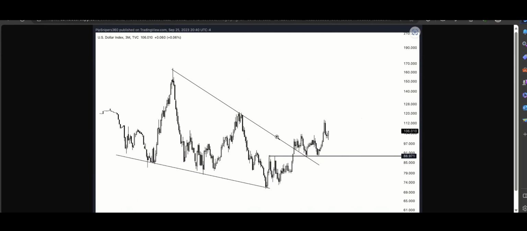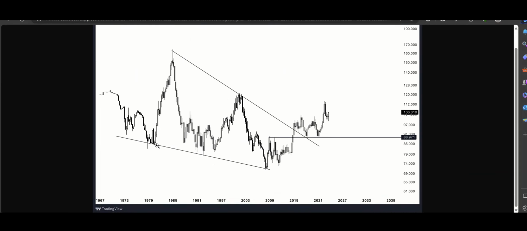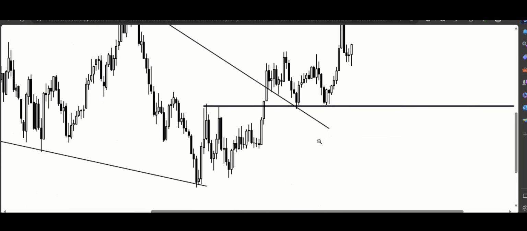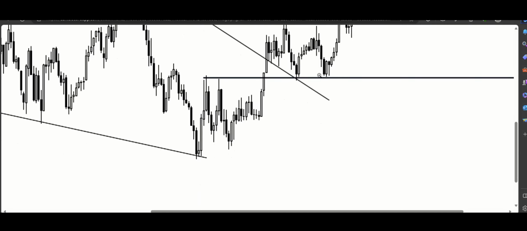Now let's take a look at the US dollar currency index. Since 1973, what we have here is we formed a falling wedge. We broke out of this falling wedge and we retested it as support. In fact, we did a double bottom off of it.